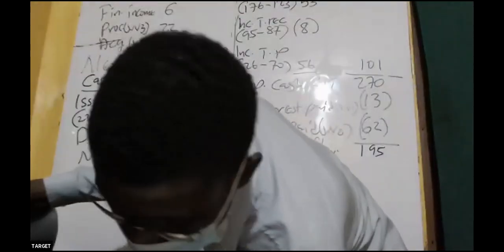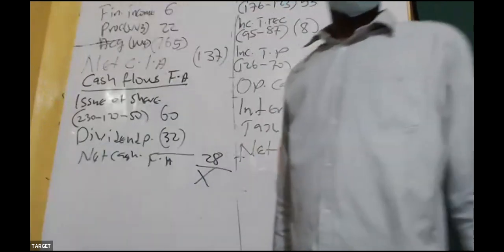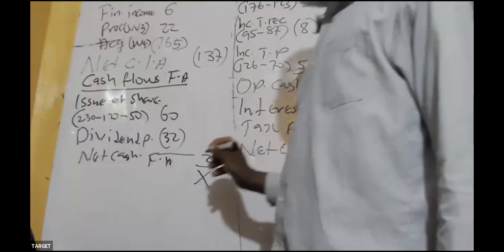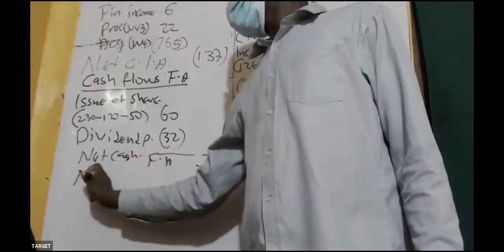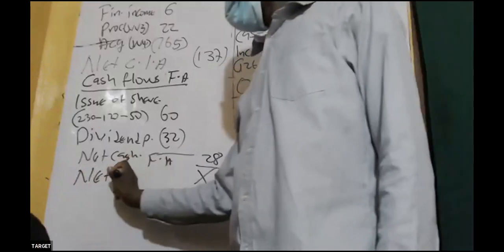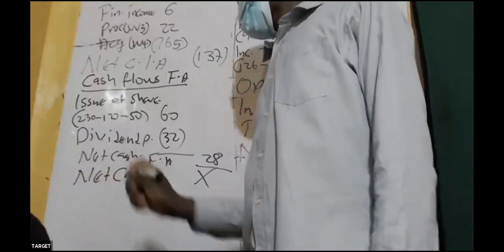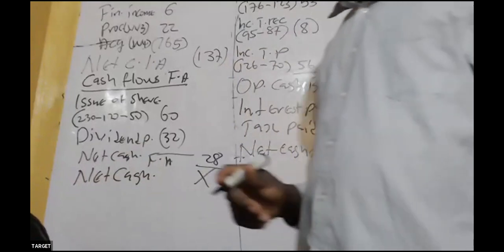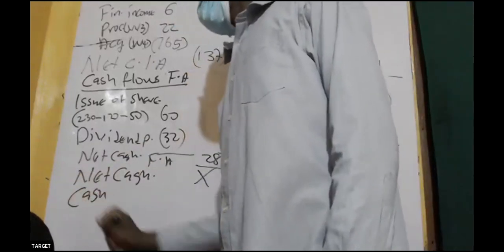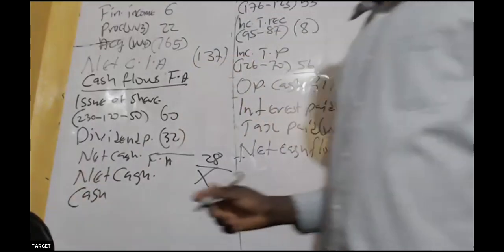Okay, so what you have to do is this. Good. When you add, call it net cash flow for the year. Net cash flow for the year. Then third, cash and cash equivalent at the start.